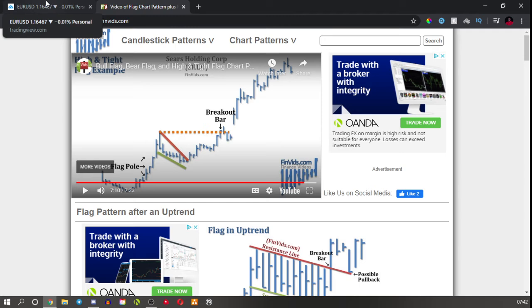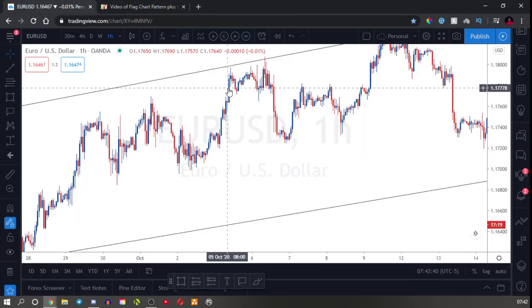All right, so for homework, to recognize this pattern really well, and this is going to be a common theme throughout these patterns homework, find 5 examples of the bullish and 5 examples of the bearish on 5 different pairs. Okay, let me say that a different way.